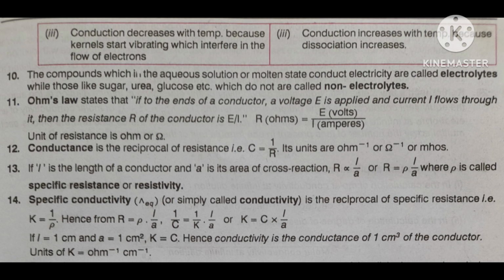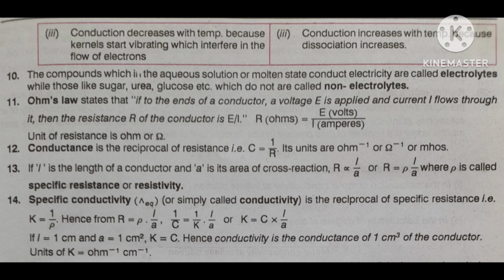It means we can write R is proportional to L upon A. L is upside, means directly proportional to length, and A is down, means cross-sectional area, it means inversely proportional. Hence you can write R is proportional to L upon A.